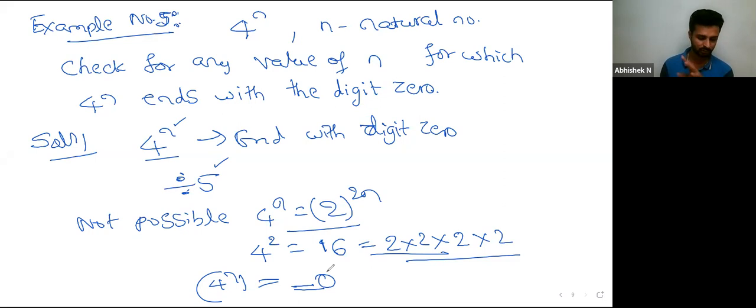So there is no natural number n for which 4^n ends with digit 0, because 4 to the power n will only have 2 as a factor instead of 5. So it won't contain the prime factor 5. Is that okay?